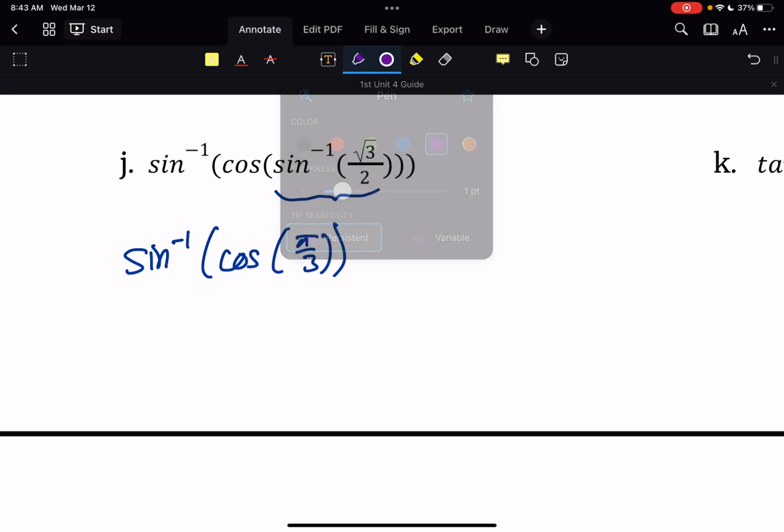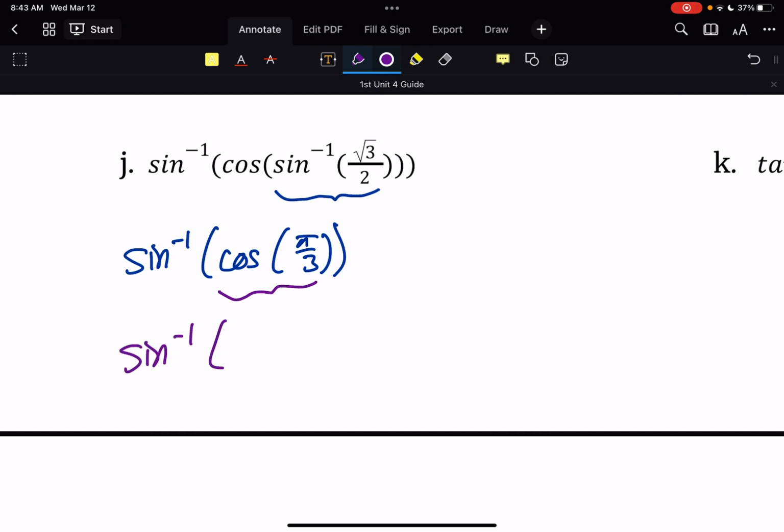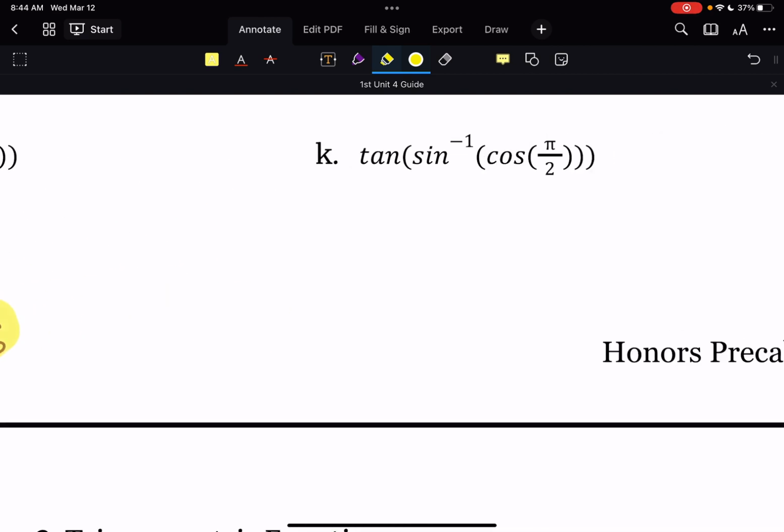And I now need to do this inner piece again. So the cosine of pi over 3, I look, that is 1/2. So I'm now going to do the inverse sine of 1/2. And I have a y coordinate in quadrants 1 and 4 of 1/2 at pi over 6. So this whole composite is pi over 6.